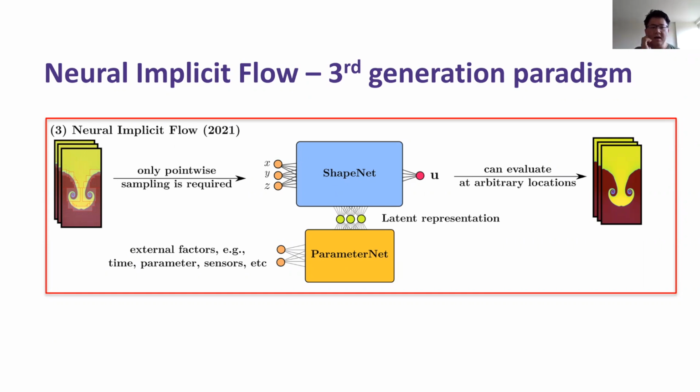Now that we understand how this architecture works, we can think about a problem. On the left, as you can see in the figure, this is the famous Rayleigh-Taylor instability, a flow simulation. You have a lighter fluid below, but a heavier fluid on top of the light fluid.